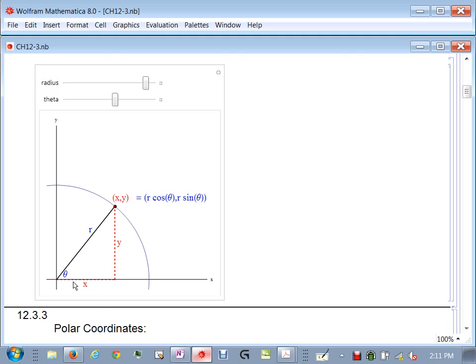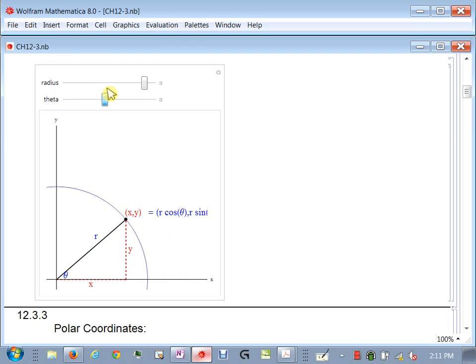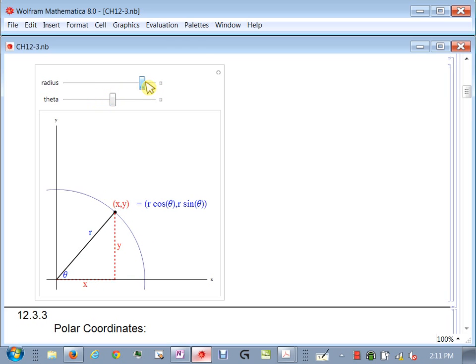So if you rotate by some angle, right? Rotate by some angle, like start off here. Say, okay, let's say I want to get to that point right there, right? I just have to turn until I'm pointing at it, and then walk out a certain distance.